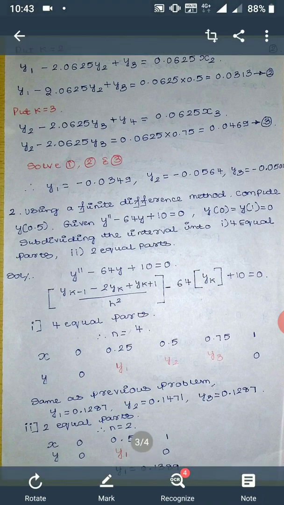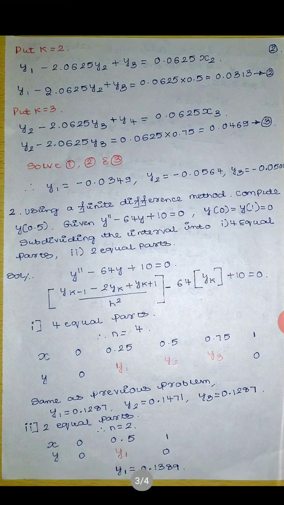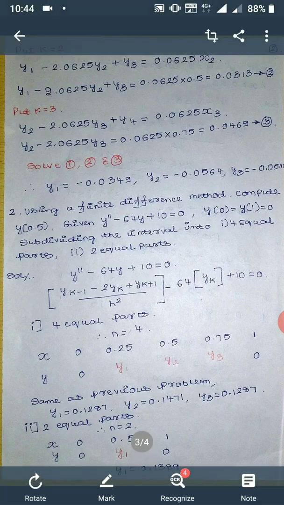We are supposed to compute y of 0.5, where the equation given is y double dash minus 64y plus 10 equal to 0, and the boundary values they have given are y of 0 equal to y of 1 equal to 0, and we are supposed to divide that into 4 equal parts for the first case, and for the second case it is 2 equal parts.